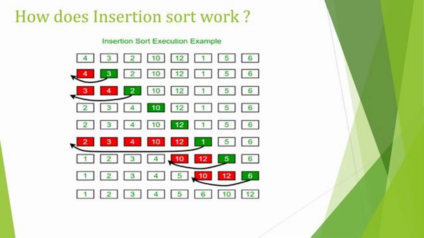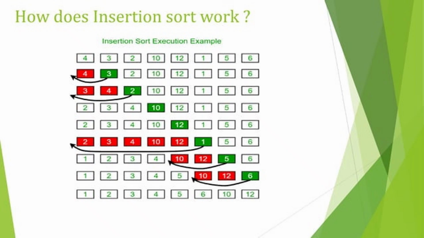Consider element 5. See on the slide, it is third line from last. Consider element 5, compare with 12, swap. Then with 10, again swap. So now the final array will be 1 2 3 4 5 10 12 and 6.